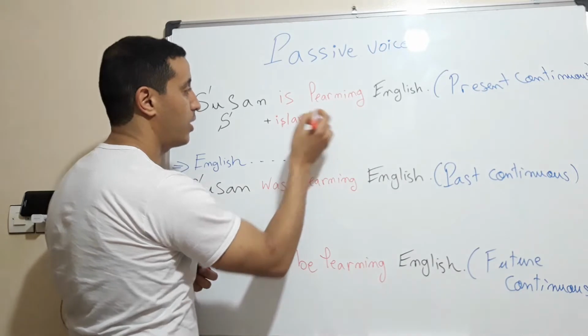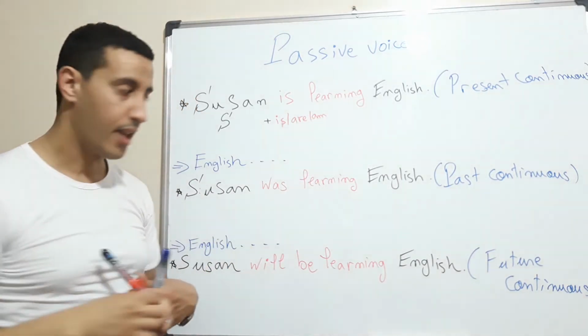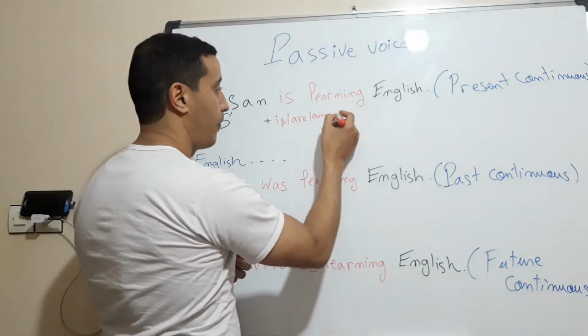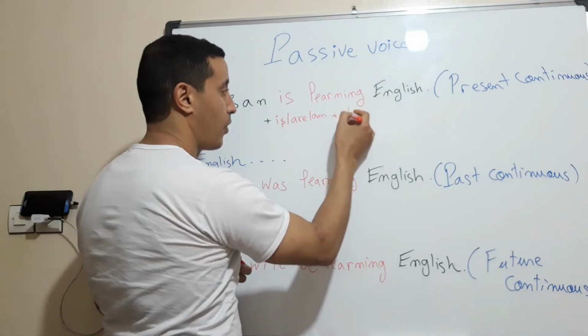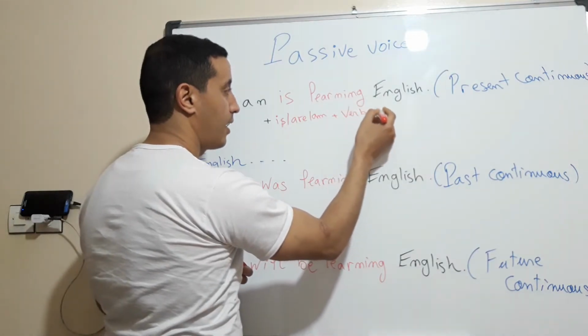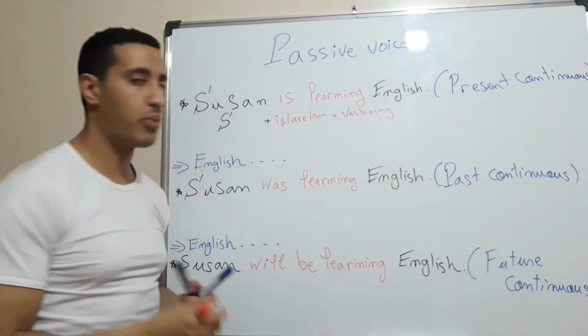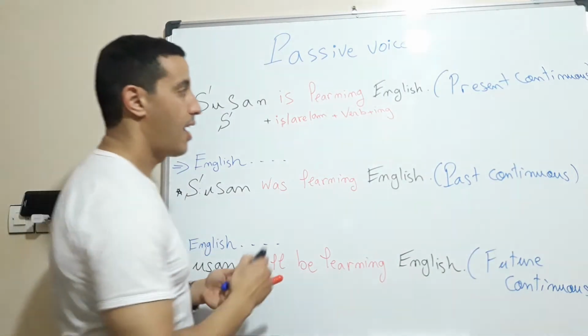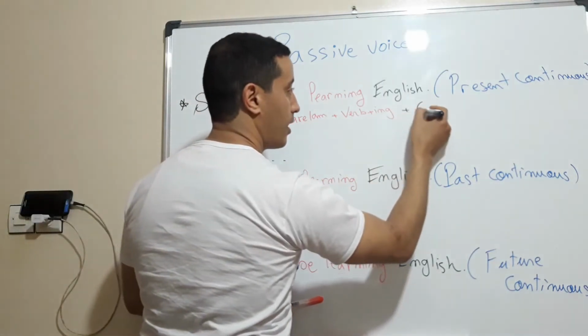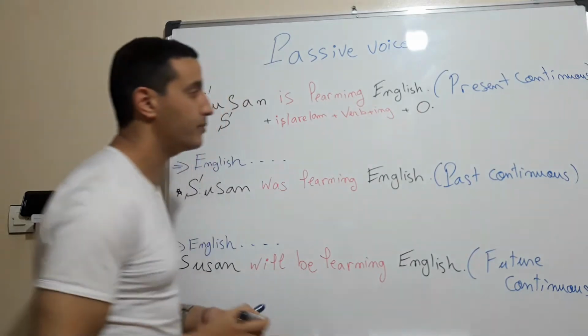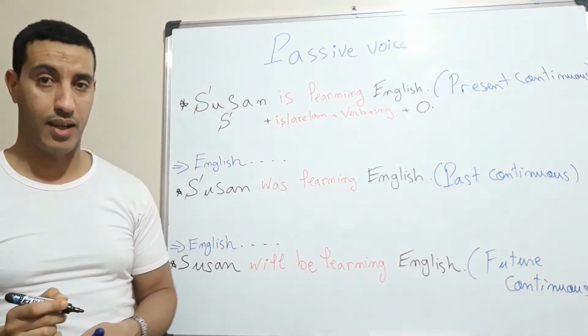So to be has 3 forms in the present. And then we have learning. Learning is verb plus ing. We call it present participle. And then we have English, and English is an object. So this is the rule of the active.